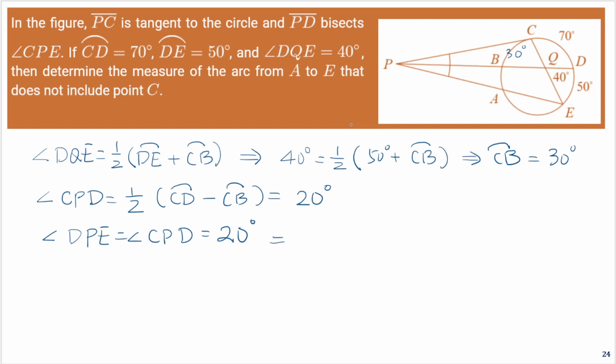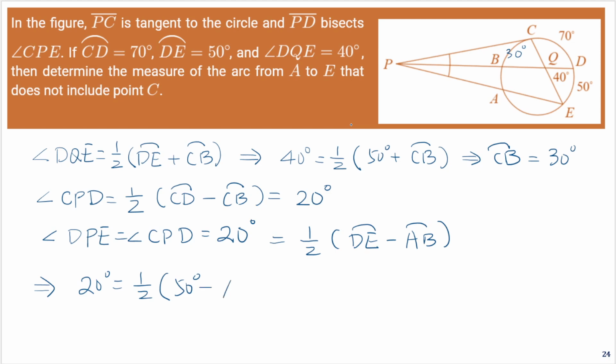Because angle DPE also equals 1/2 of (arc DE minus arc AB). So that tells us that 20 degrees equals 1/2 of (DE, which is 50 degrees, minus arc AB). And we can find arc AB is actually 10 degrees, right?